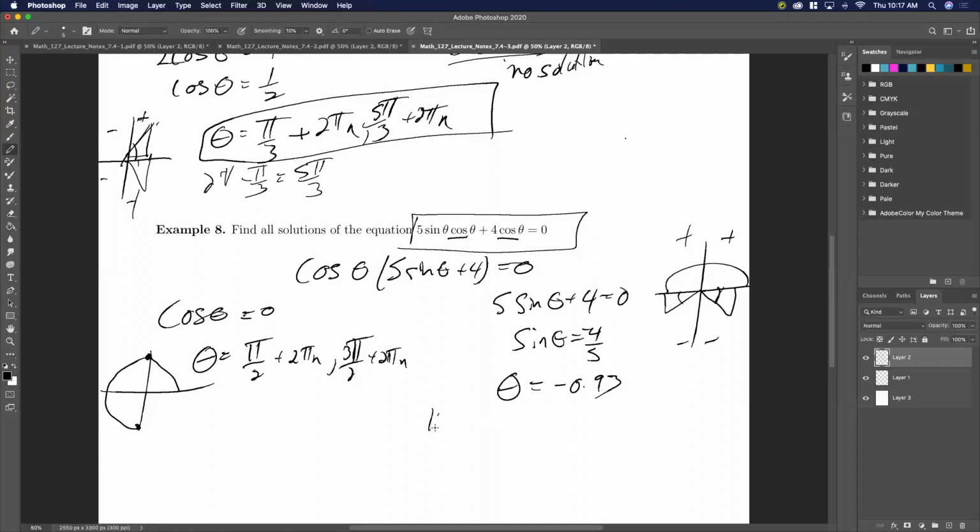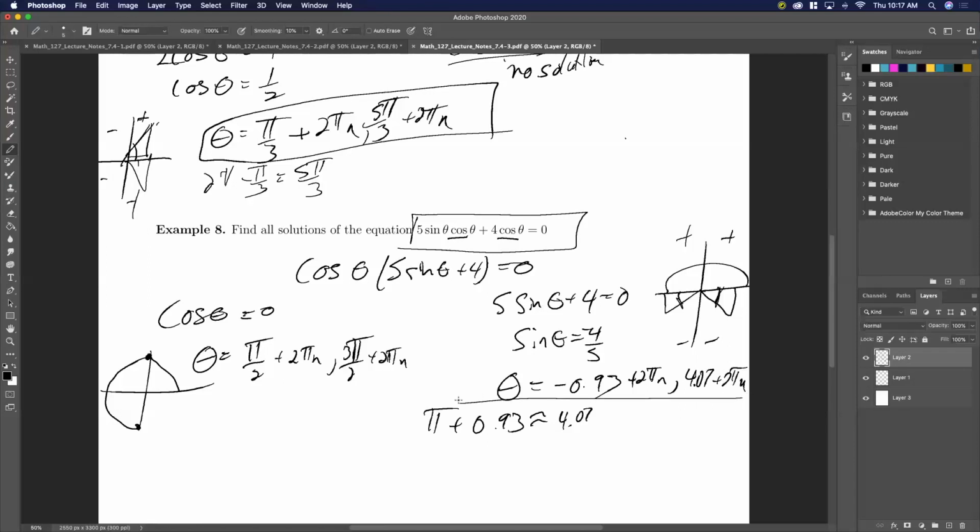So the other one's going to be at pi plus 0.93, because if I add the negative here, I'll get to here from pi. So it gives me the same reference angle. That's roughly equal to 4.07. So this would be negative 0.93 plus 2 pi n, and then 4.07 plus 2 pi n.